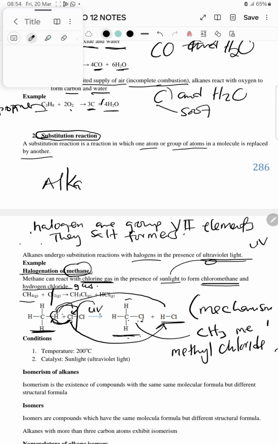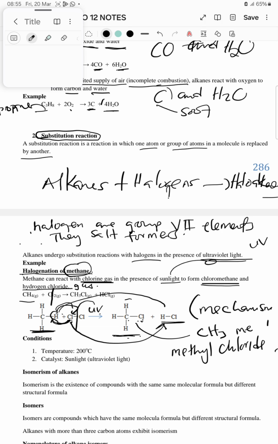Alkanes plus halogens, we are going to form haloalkanes. All together, we are going to form haloalkanes. Okay, so that's about that.